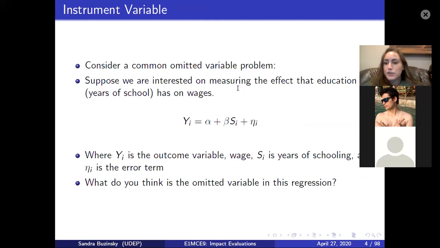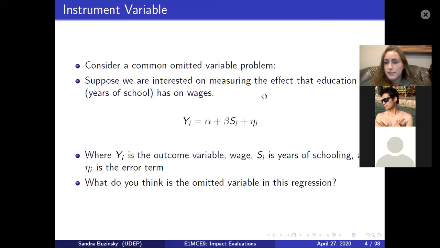Okay, so let's just consider this common omitted variable bias problem. Suppose we are interested in measuring the effect that education has on wages. Let's say education is measured in years of school and wages in dollars.